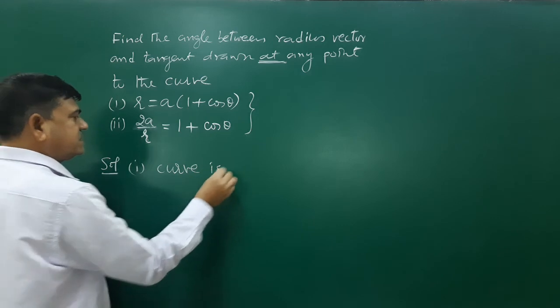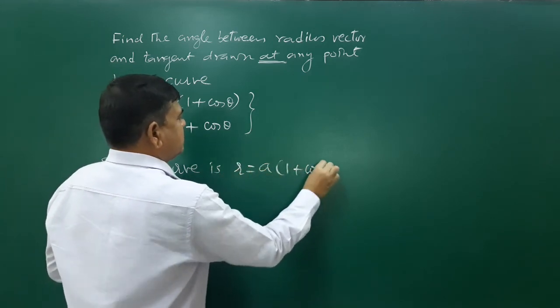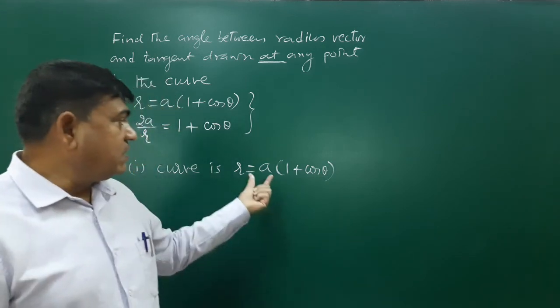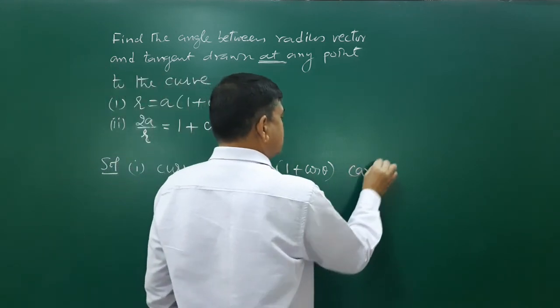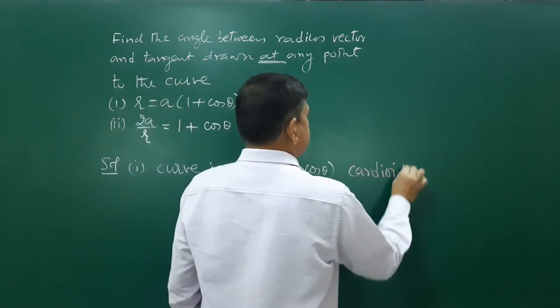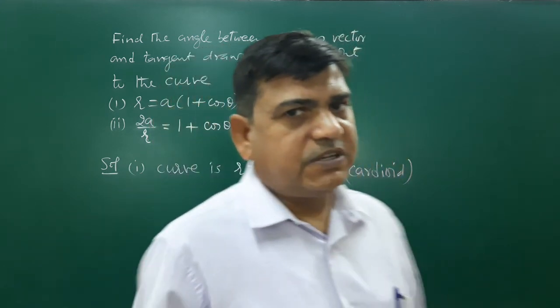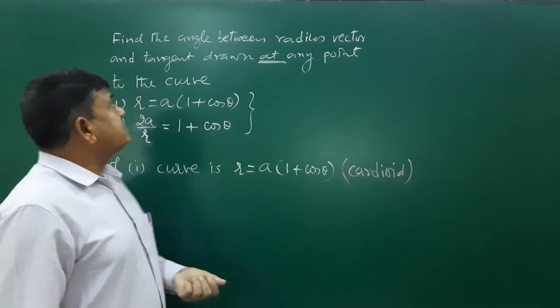The curve is r equals a times 1 plus cos theta. This we have already done, and you remember this is the equation in Cartesian form. Go through the first or second video of this topic. So the curve is r equals a times 1 plus cos theta, and what is asked?